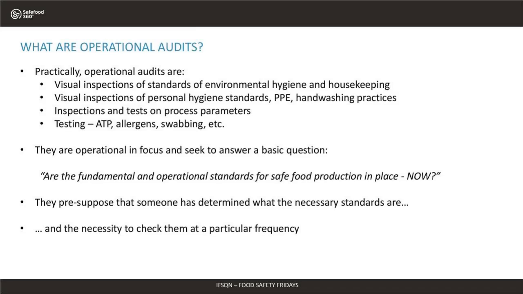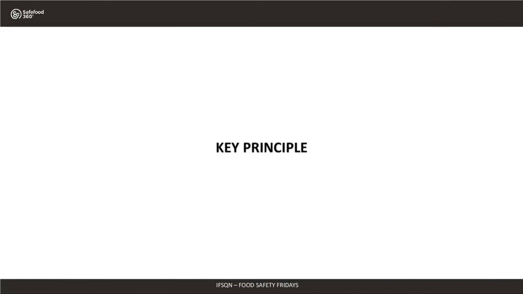They do presuppose in many ways that someone has at some point actually sat down and thought about what exactly these standards are. And the question is often asked as well, how often do we need to check them? So that's a summary of the nature of what these audits are about.